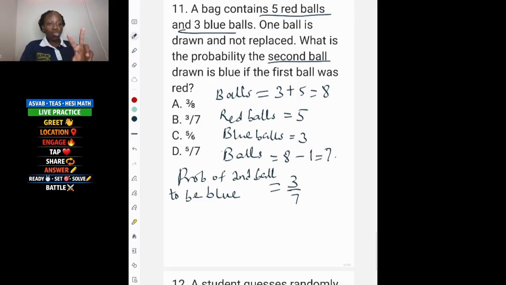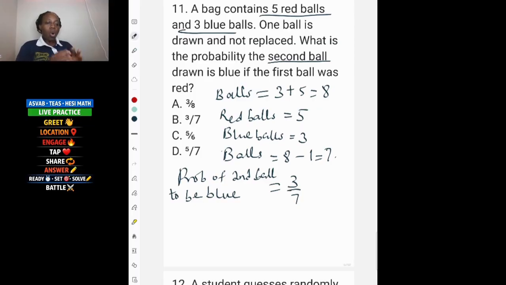We want to draw two balls. The first one has been drawn as red, then the second one is now drawn to be blue. So what would be the probability of having two balls drawn like that? The first one red, they didn't replace it, then the second one blue.